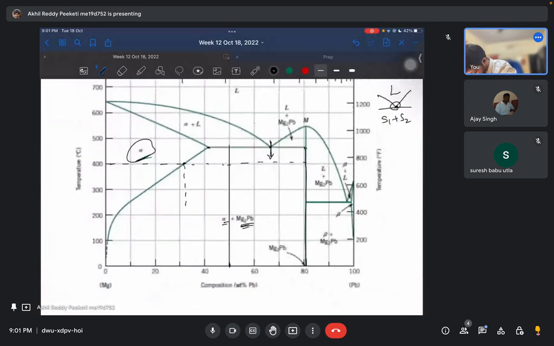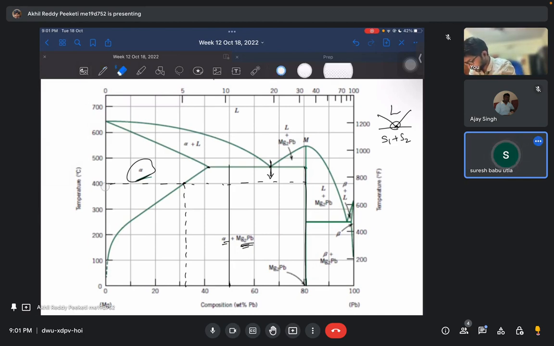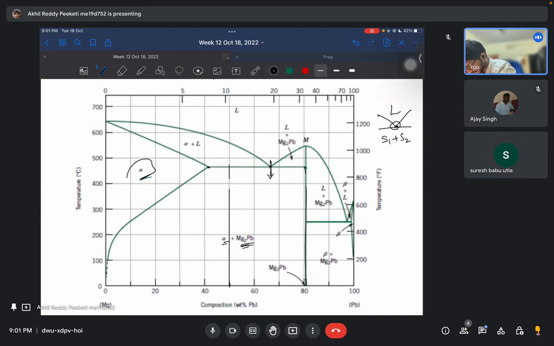At 400 degrees Celsius, if that was the point, then no. We need to estimate the temperature at which the ratio to alpha is to Mg to Pb is the given ratio. So there is no basis actually. I am just trying. Yes. So okay. First, let's start at 300.